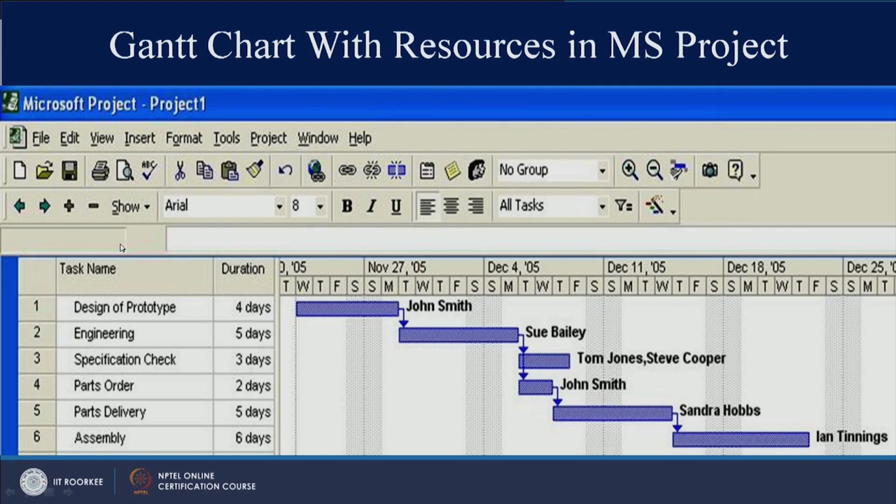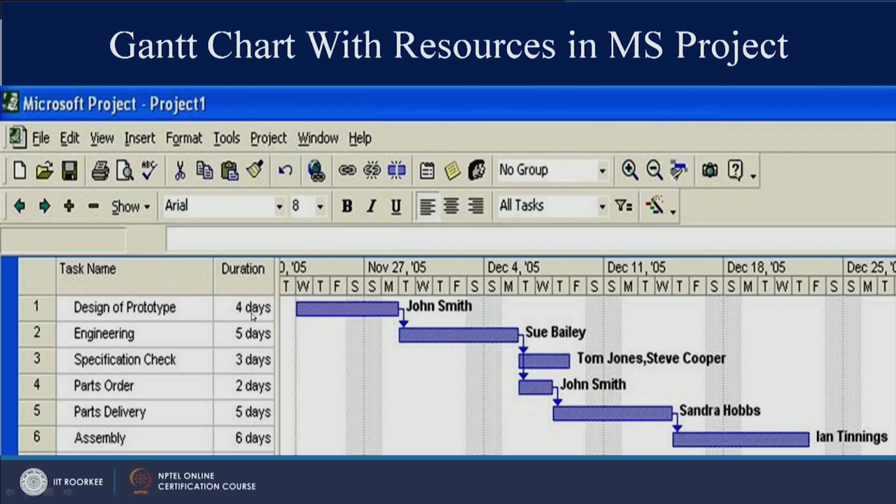So, let us say these are different activities: design of prototype, engineering, specification check, parts order, parts delivery and assembly. So, design of prototype is taking 4 days, assembly is taking 6 days, right. So, how would the Gantt chart look in MS Project, right.